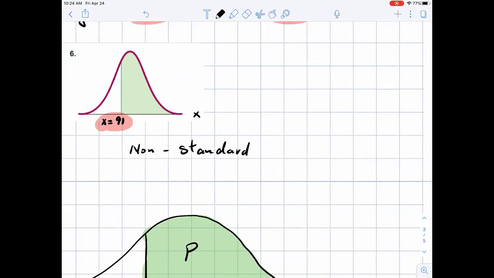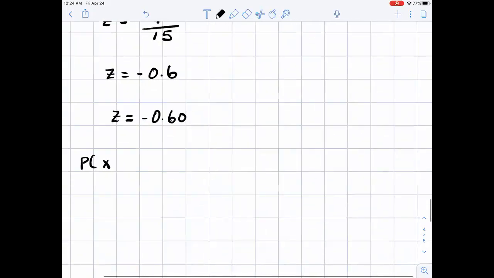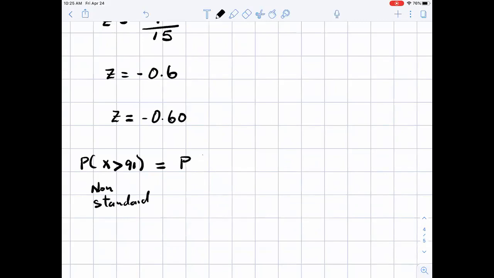So the probability of X greater than 91, here is the non-standard. If I go to the standard, that's the same as Z greater than -0.60. This is the standard.